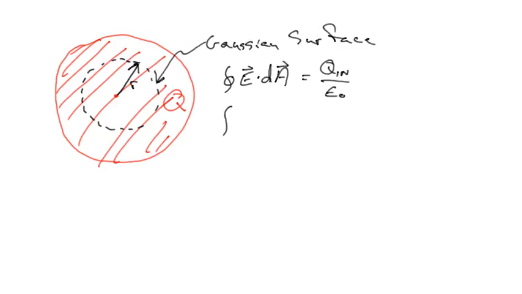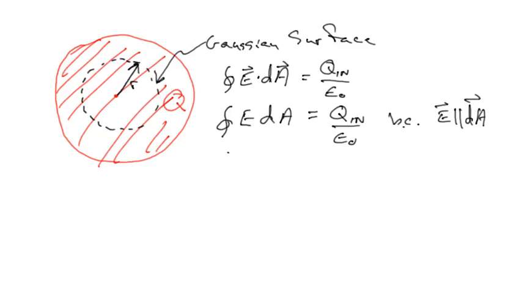Now, because the electric field is outward everywhere and dA is outward everywhere, this becomes the integral of E dA equals Q enclosed over epsilon 0, because E is parallel to dA.